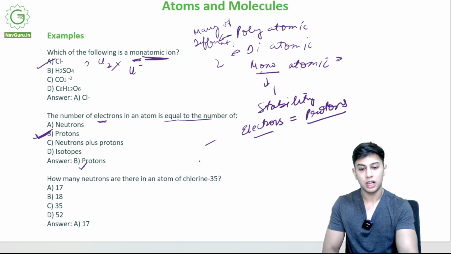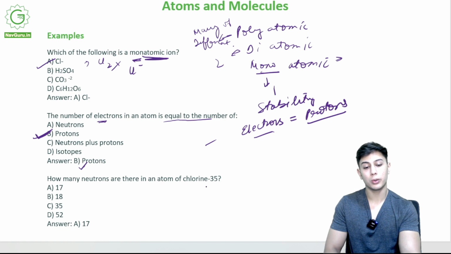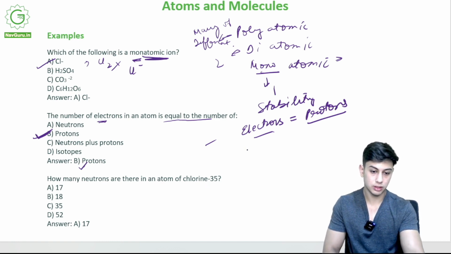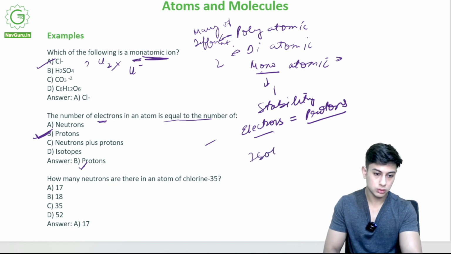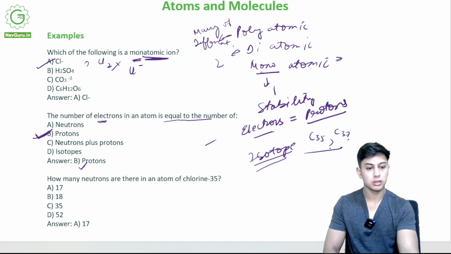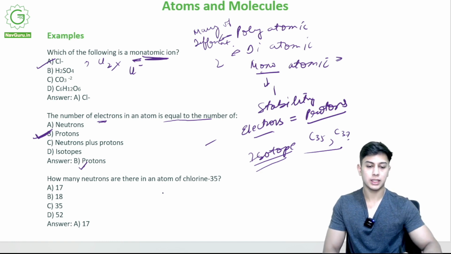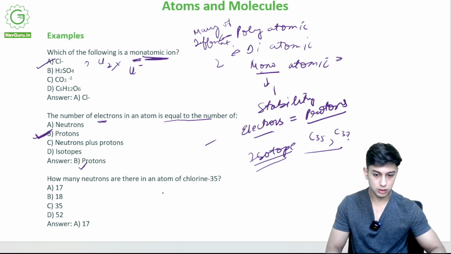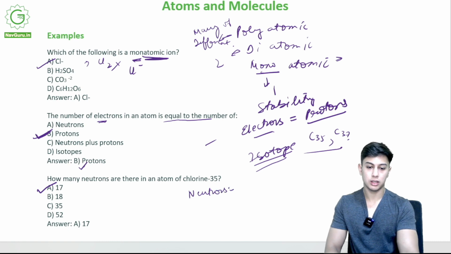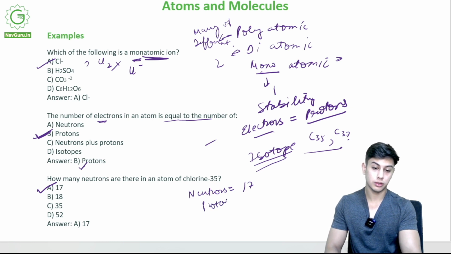How many neutrons are there in an atom of chlorine 35? Alright, what is chlorine 35? Okay, isotope. Chlorine is in 2-3 forms, Cl35, Cl37 and all. Alright, so how many neutrons are there in an atom of chlorine 35? Answer is 17. If neutrons are 17, how much would be the protons?